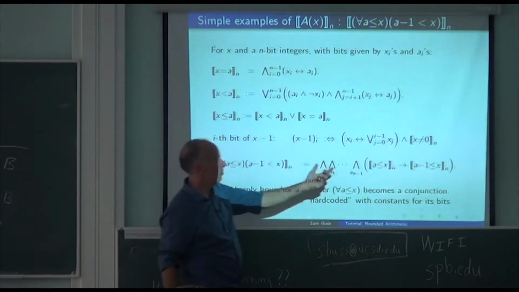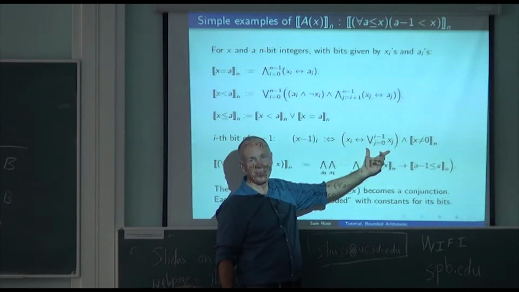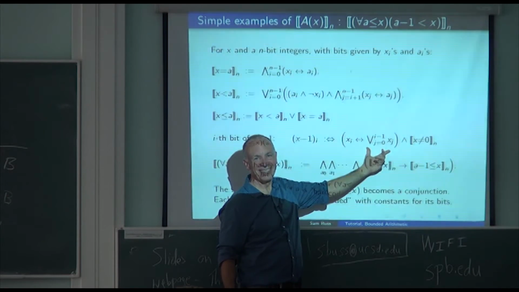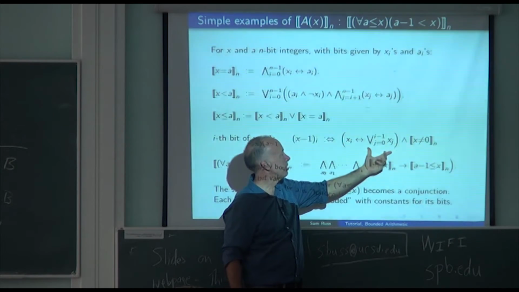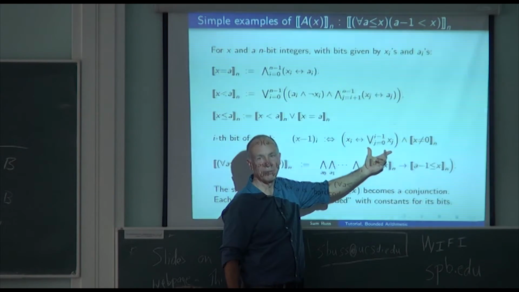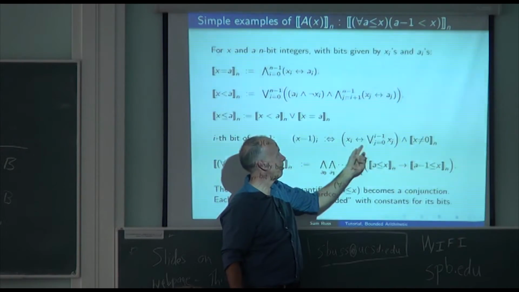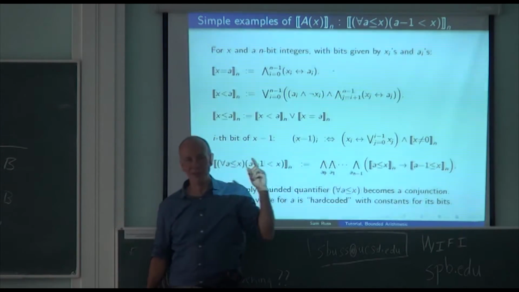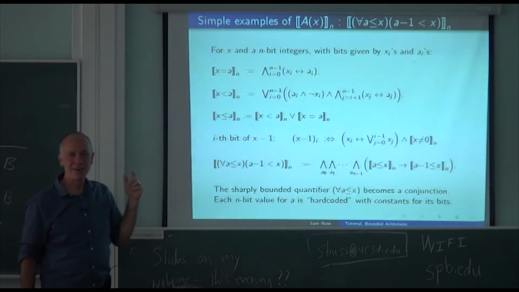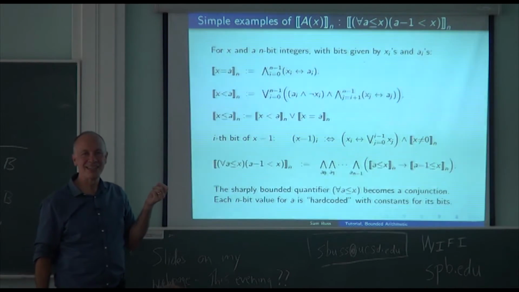This OR is true if there's no borrow out of position i. We're subtracting, so if it's all zeros, we get a borrow. If it's not all zeros, then we don't get a borrow. So if there's no borrow, xi stays the same value, and if there is a borrow, xi flips in value.